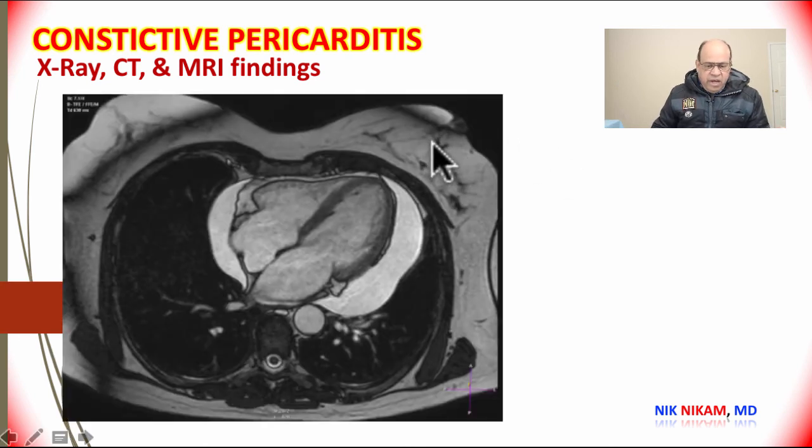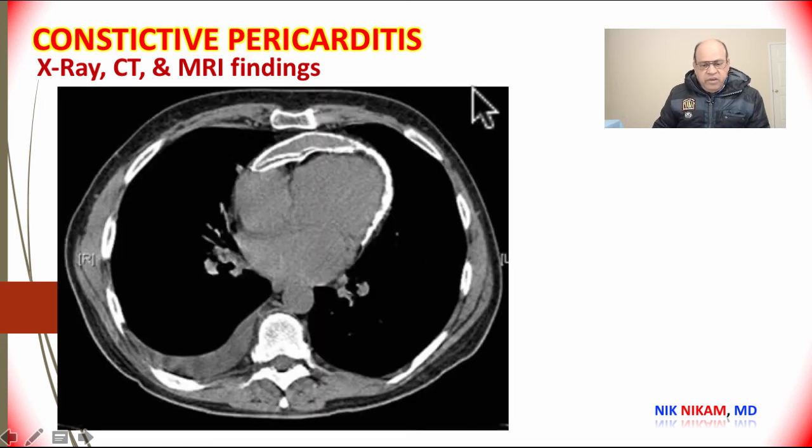Here is an MRI of the heart showing a considerably thick pericardium that is encircling the entire heart. That's why I call this like a metal jacket around the heart, which makes it impossible for the heart chambers to expand during early and late ventricular filling.